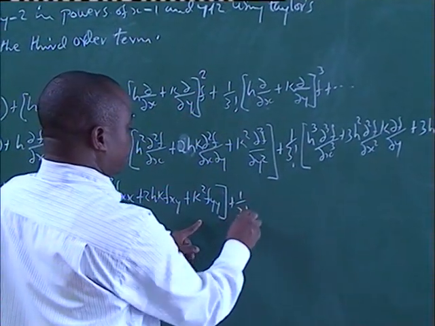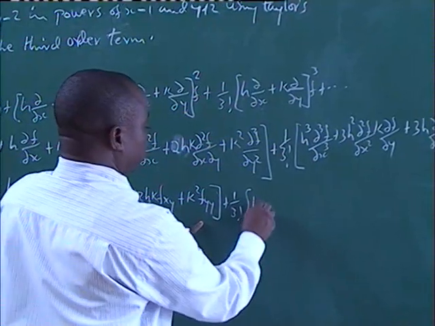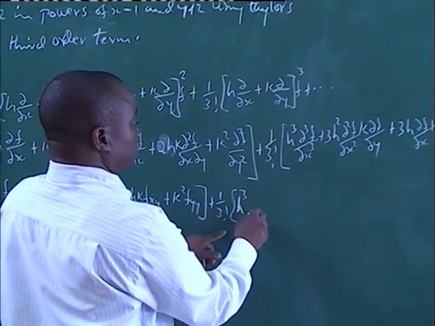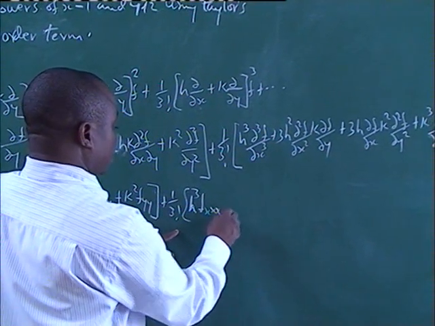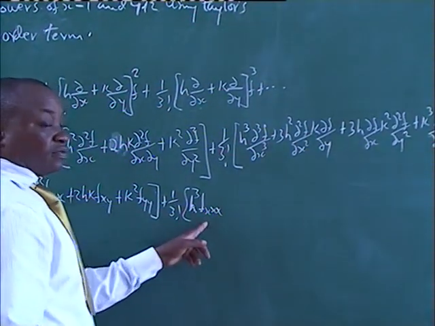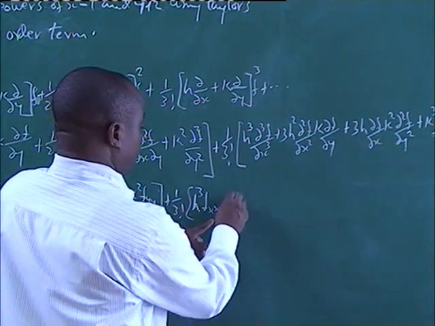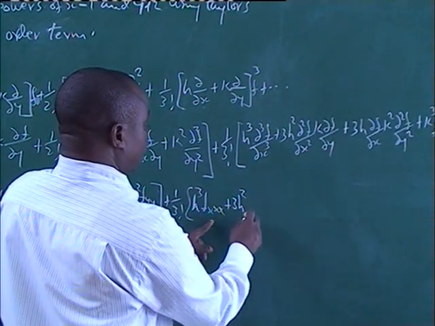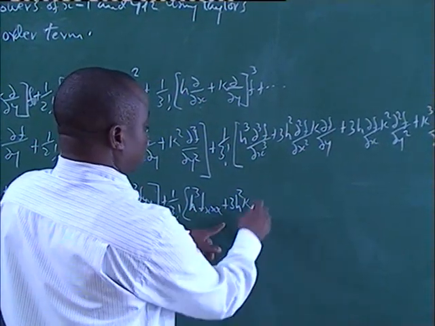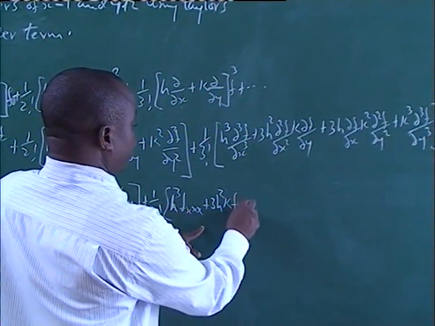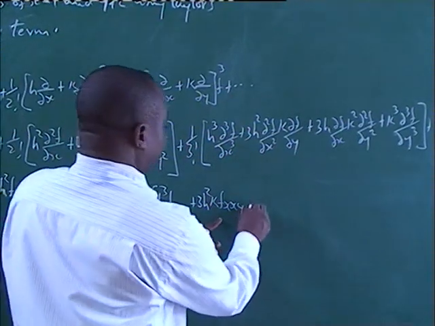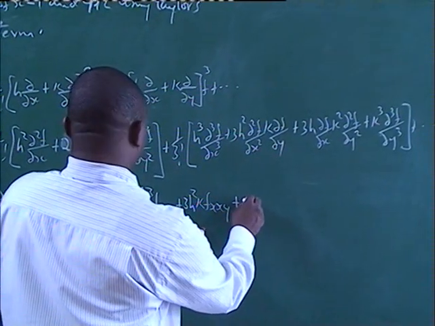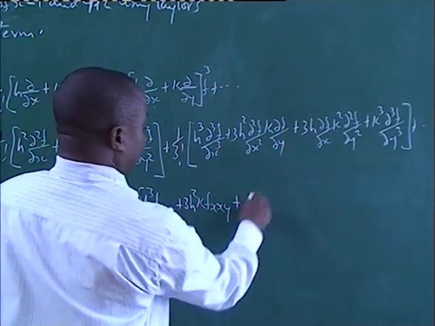Plus 1/3 factorial. We have h cubed, then we have the derivative of f with respect to x plus 3h squared k. Then what we have here is f(x) y, and then we have again plus what next? 3.